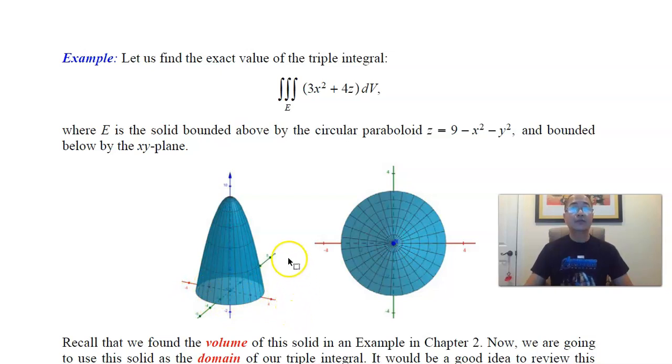And of course, the top view of the solid is just a circle. Where do you intersect the xy plane? When z is 0, we'll get x squared plus y squared equals 9. So of course, that's a circle of radius 3. All right, so we are going to compute this triple integral 3x squared plus 4z over this solid.